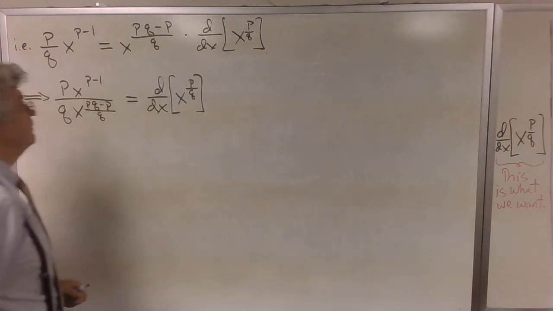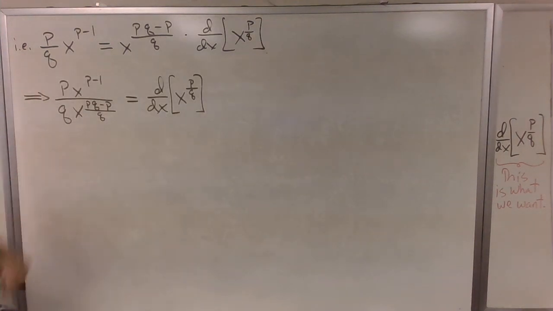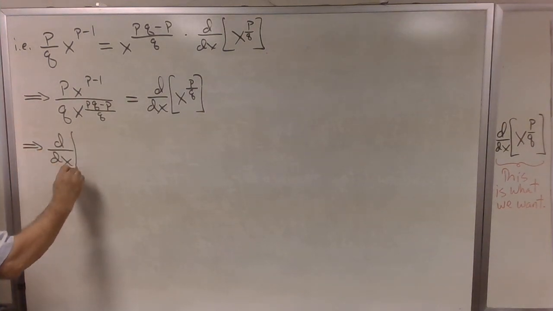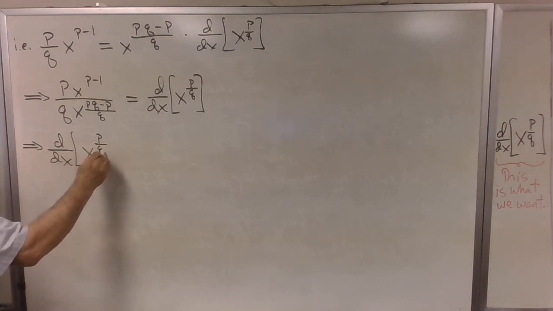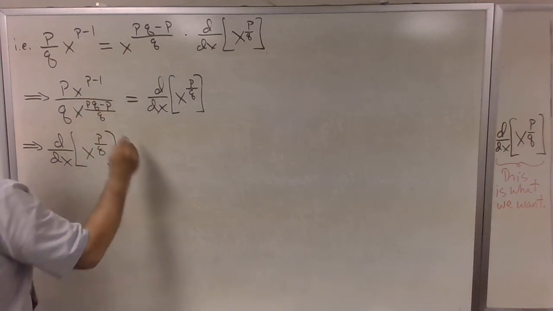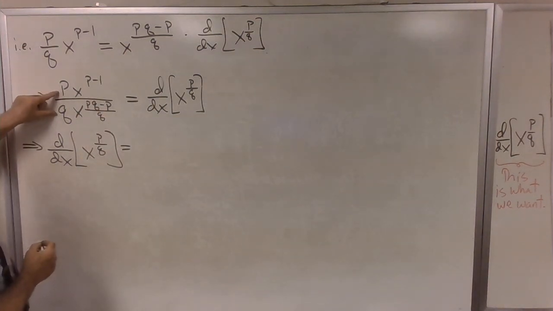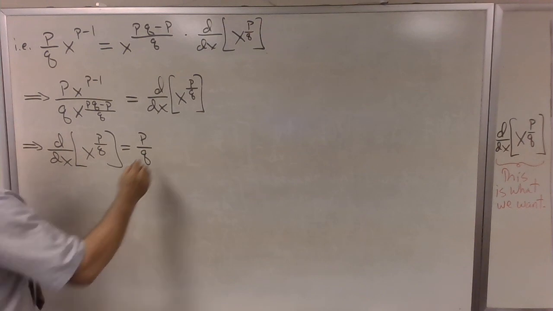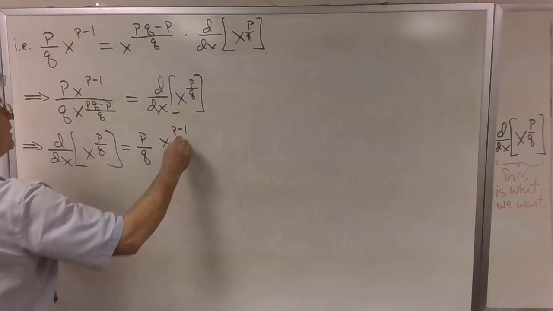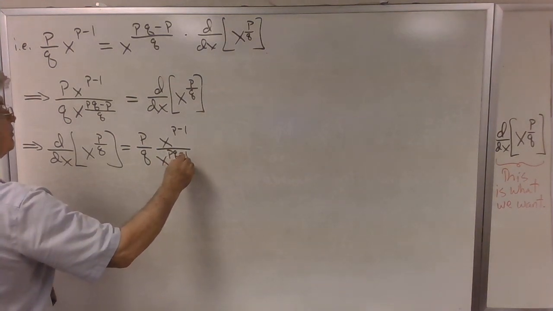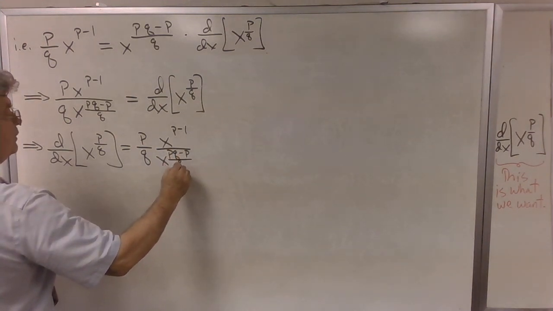So now all I got to do is simplify this piece of junk, and hopefully I'll get an outcome that won't embarrass me. So I have derivative of x to the p over q equals this piece of junk. And you know what? I guess I can just put the p over q out front. I don't know why I integrated it with everything else. But x to the p minus 1 over x to the pq minus p over q.